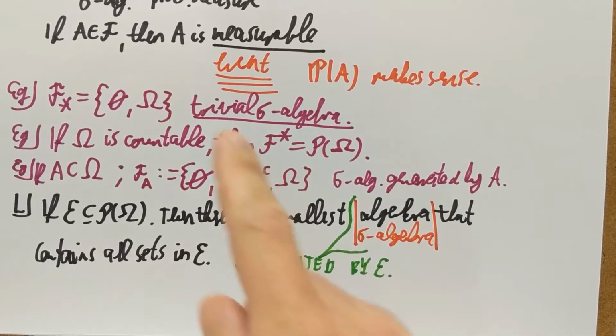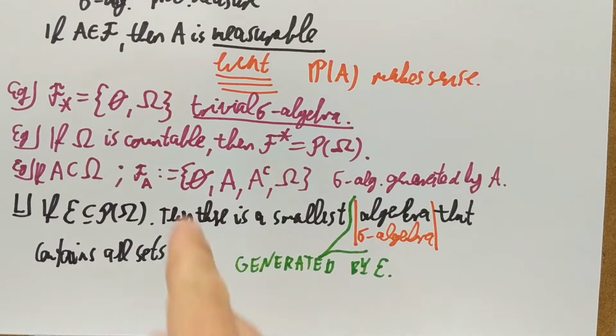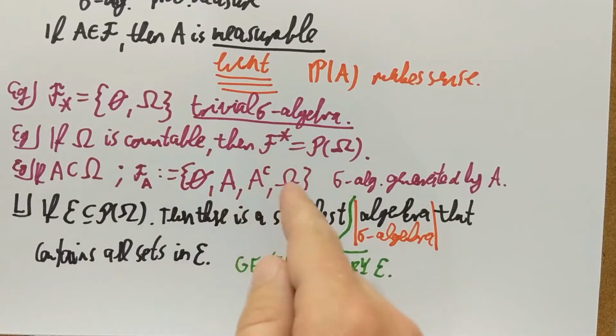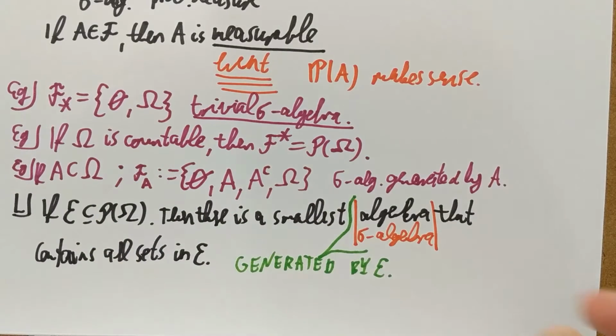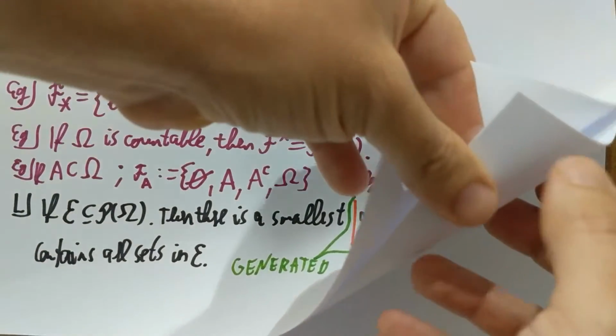For example, if E just contains A, then this is the sigma algebra generated by A. It's actually an algebra as well, because it only has finitely many things in there. Okay, so that was the little lemma.